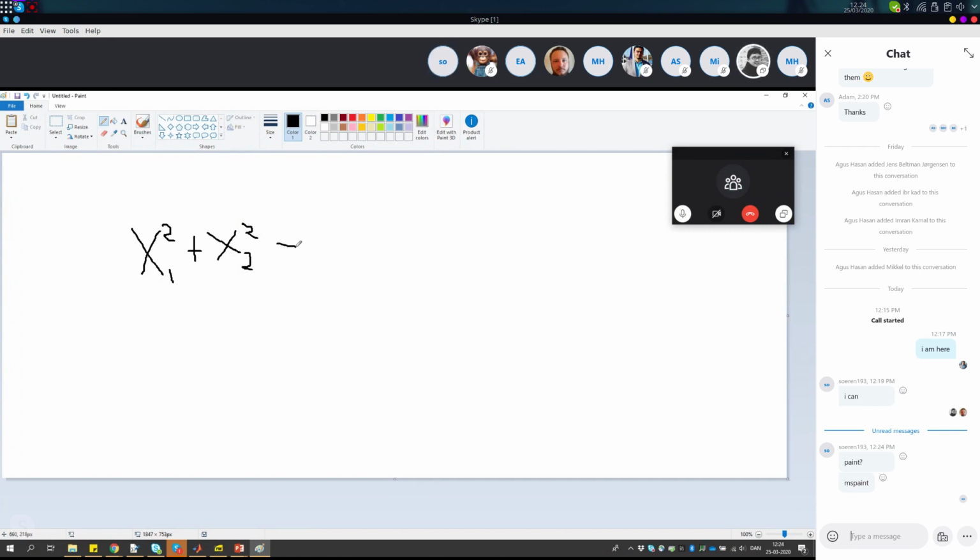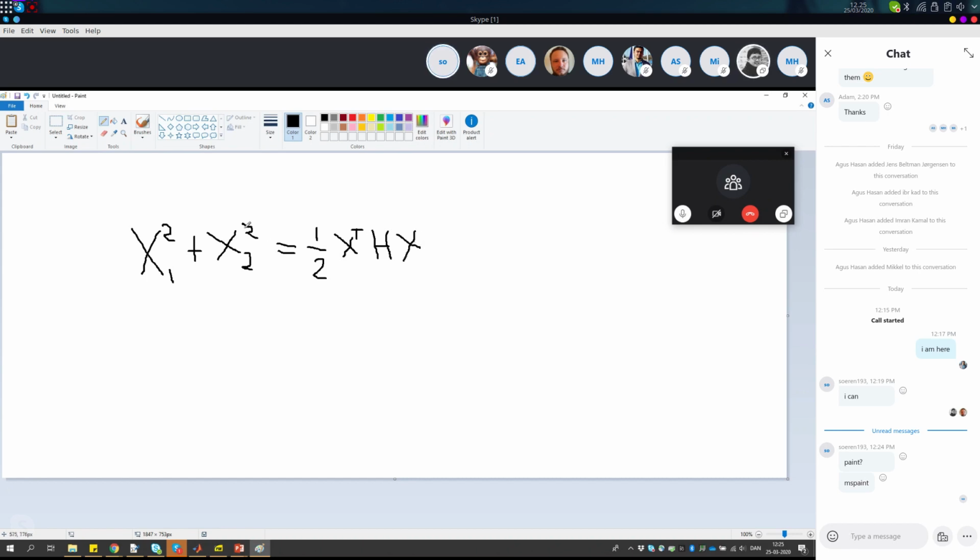Now I can write this simple function as a matrix and vector multiplication, like this: one half times x transpose times a matrix H. Here x is a vector of x1 and x2, and H is a matrix.